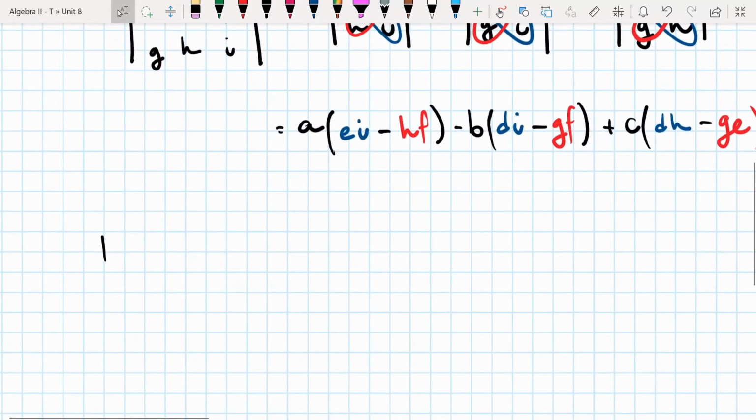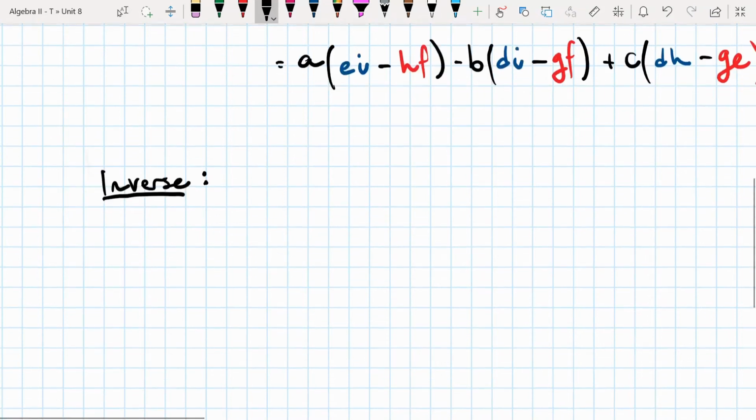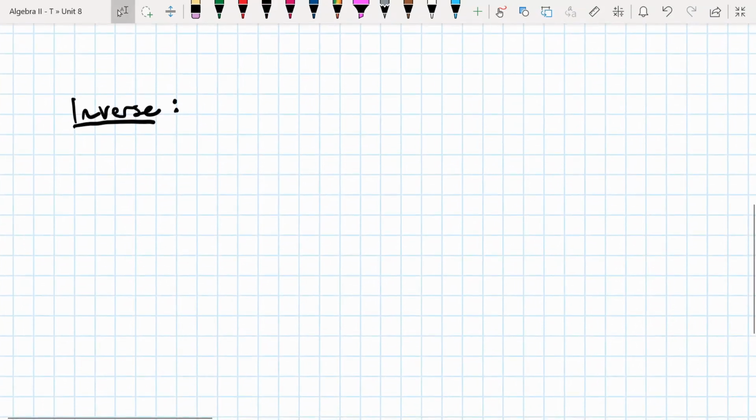The main thing we're going to talk about in this unit is how we can use the determinant to find the inverse. Today we're just going to talk about the inverse of a 2 by 2. Then we'll get into more complicated matrices next class. We're going to try and keep it simple today.